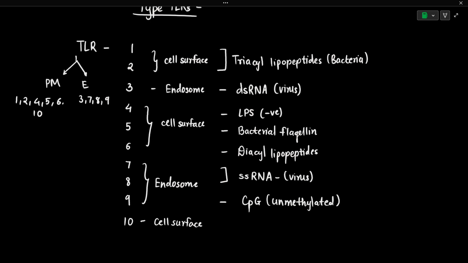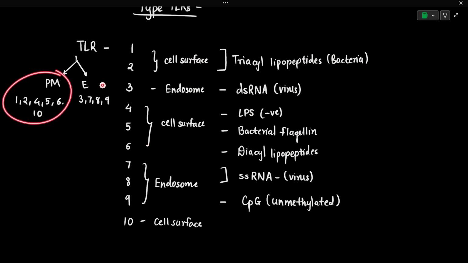A few TLRs are really important for you to learn: TLR3 recognizes double-stranded RNA viruses, TLR7 and 8 recognize single-stranded RNA viruses, and TLR9 recognizes unmethylated CpG dinucleotides.